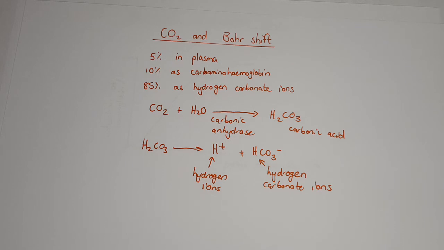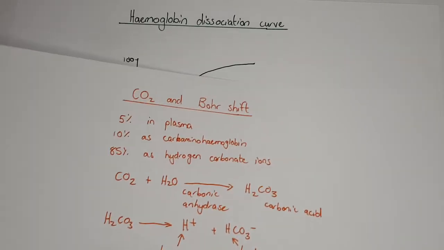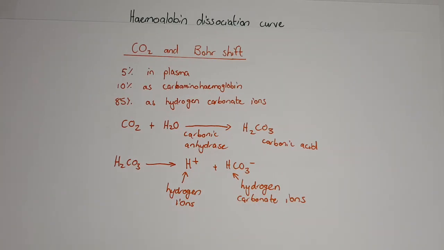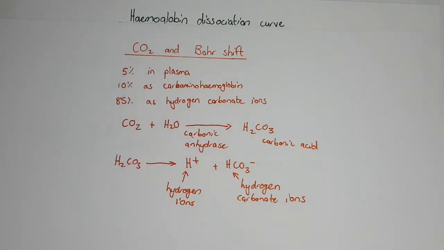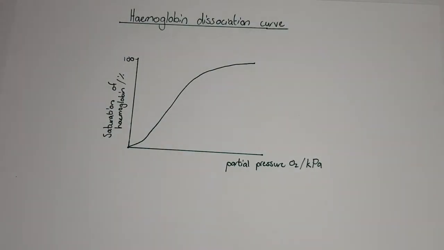So now that is going to lower the blood pH, and your body doesn't want that. So to prevent that from happening, you have something called the Bohr shift occurring, because the body wants to maintain the pH.